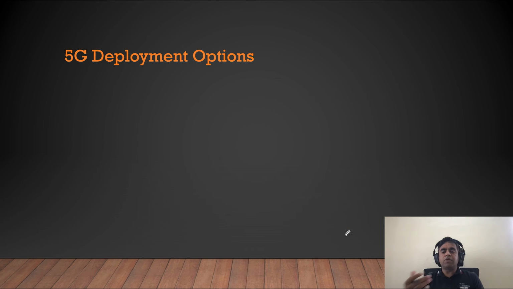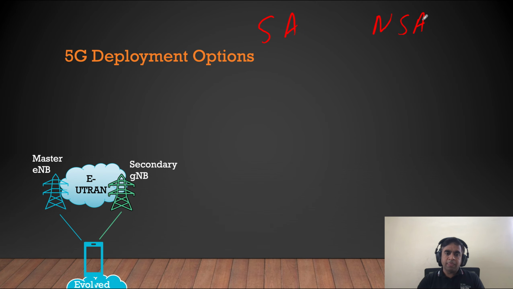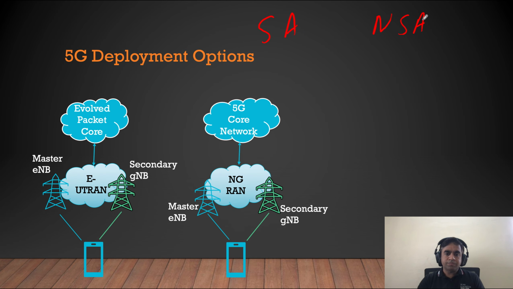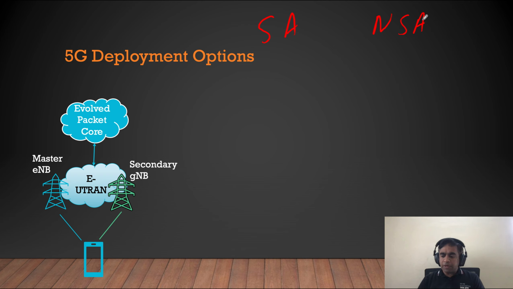Now let's look at what are the deployment options that are available. So mainly there are two deployment options that exist. One of them is standalone, another one is non-standalone for 5G. What I mean by that is, if you look at this picture, we have our EPC, which is nothing but just the 4G core component.